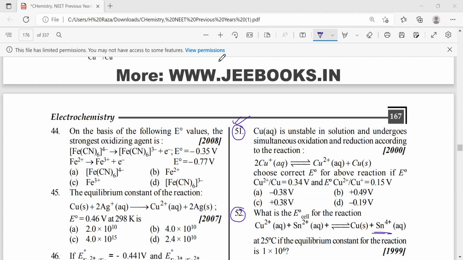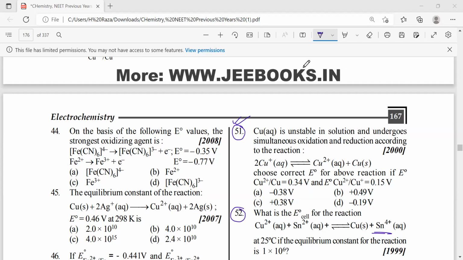Are you done with this? Can you solve it? Let me know when you are done with this.